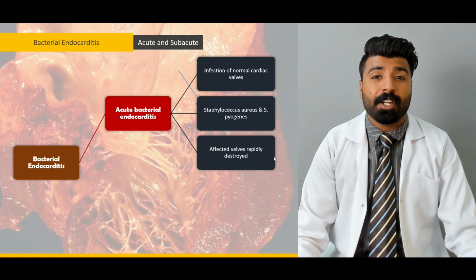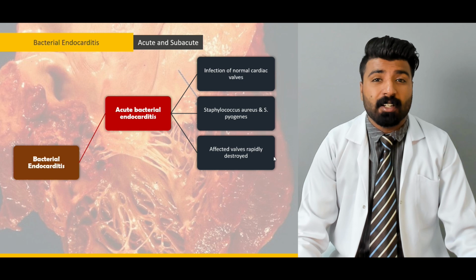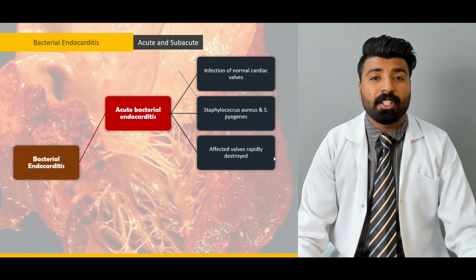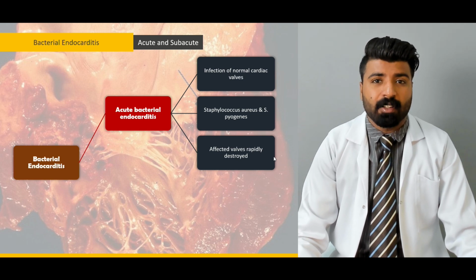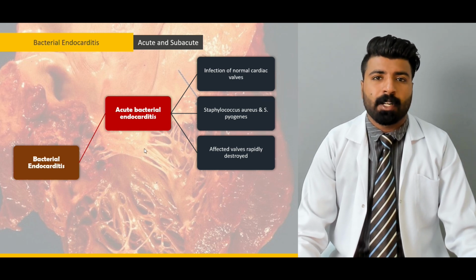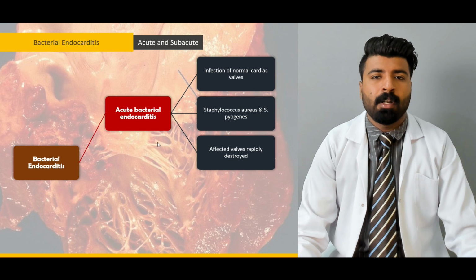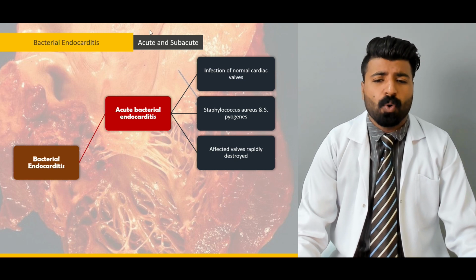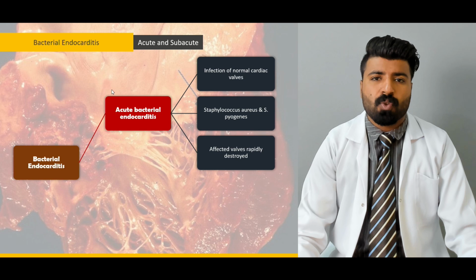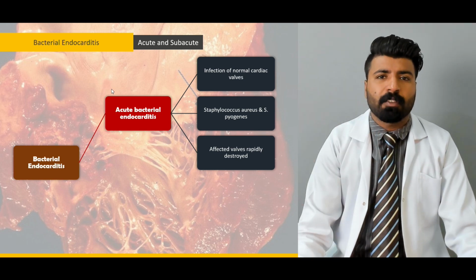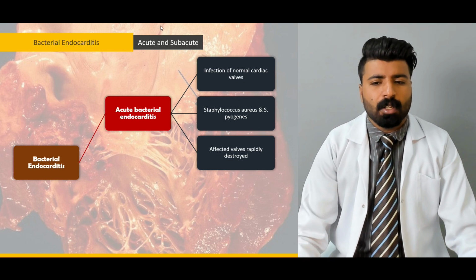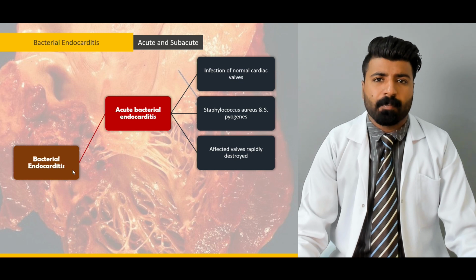That will lead to cardiac hypertrophy, that will lead to cardiac failure, that will lead to CHF, that will lead to a person dying even. That's also one of those consequences. So this is acute bacterial endocarditis, which happens in a snap. This whole process goes on in weeks. It doesn't take a month even. 2 to 3 weeks, all of this is done.